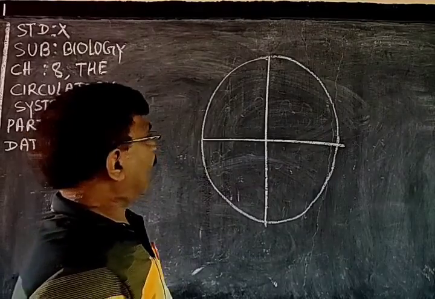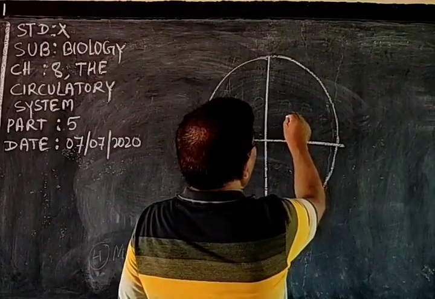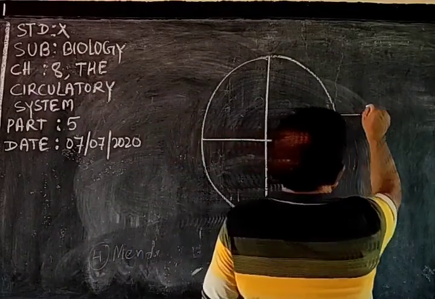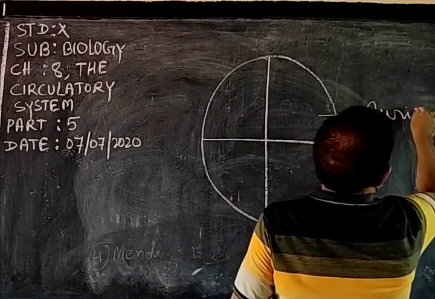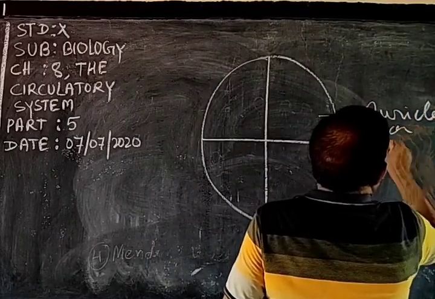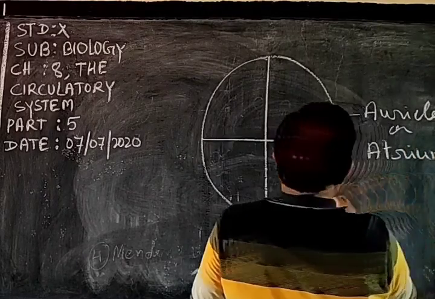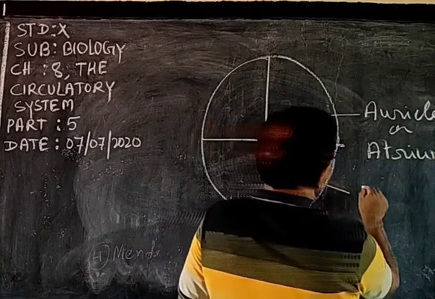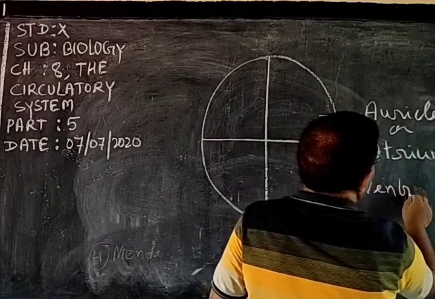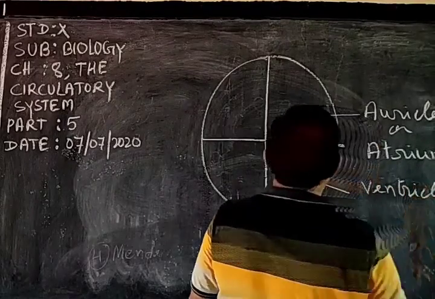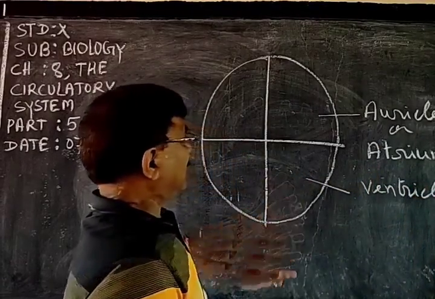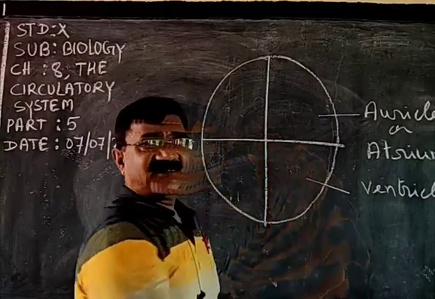Okay. Upper 2 chambers are called auricles, or atrium. And lower 2 chambers are called ventricles. Okay. And this one is the left side and this one is the right side.